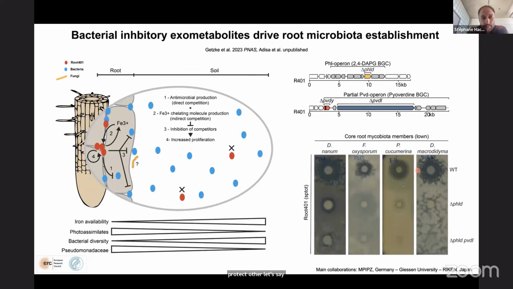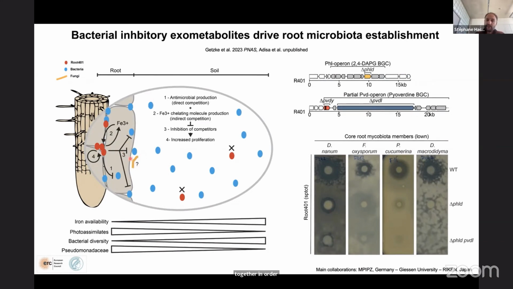So the current model is that root41 is a very strong competitor in the microbiota that can produce at least two inhibitory exometabolites. One is a classical antimicrobial, one is an iron-chelating molecule. And although these two inhibitory exometabolites have completely different modes of action, they co-function together in order to inhibit a broad range of root-associated bacteria and fungi.